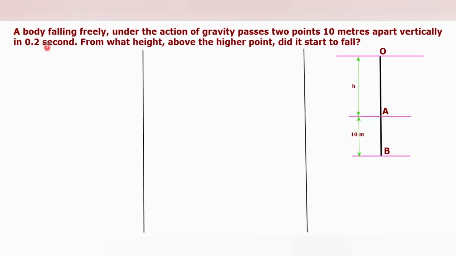The time taken by the body to cross the 2 points A and B, which are at a distance of 10 meters, is 0.2 seconds. So I'm going to consider this segment. After that, I'm going to consider the segment OA, after finding the velocity at point A. Both the segments, OA and AB, are downward motion.